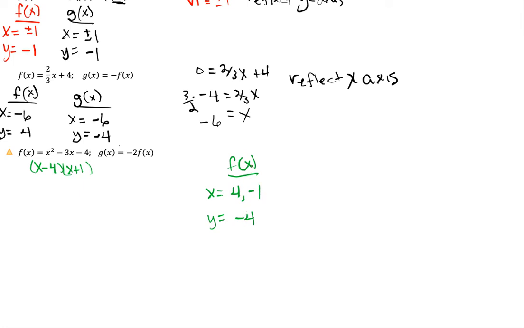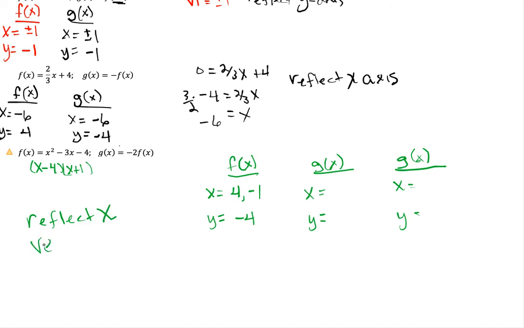Now let's take a look at our g of x. What's happening is 2 steps, okay? So I'm going to actually do this in 2 steps so that you can see. This will actually be my final answer, this one here. So we have a reflection across the x, and we have a vertical stretch by 2.